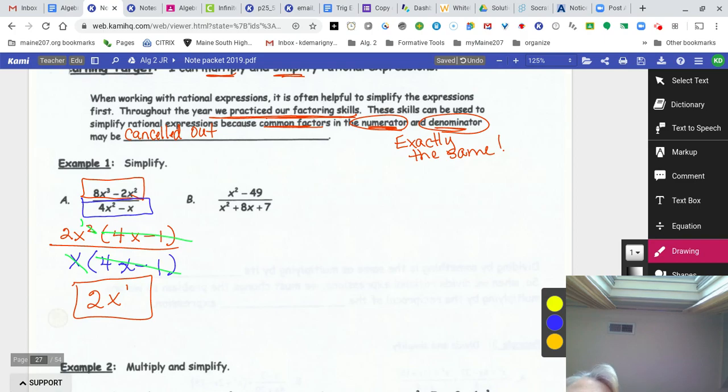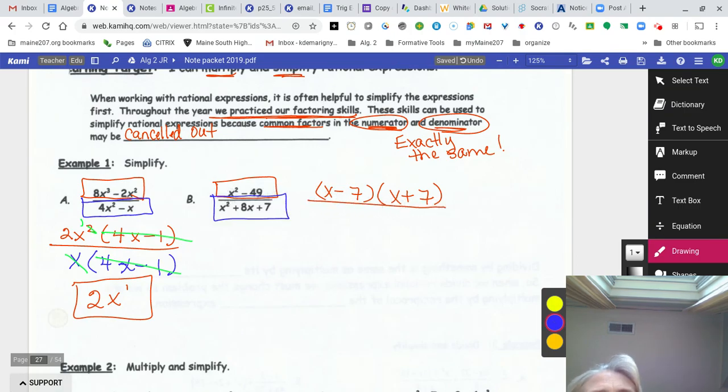I do have to factor the numerator. There is no GCF, so I'm going to look for special cases. There is a special case here. This is a difference of 2 squares, so x minus 7 and x plus 7 are the factors of the numerator. Then we're going to factor the denominator.